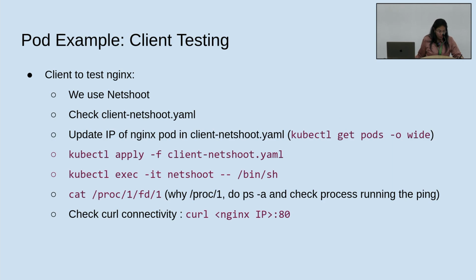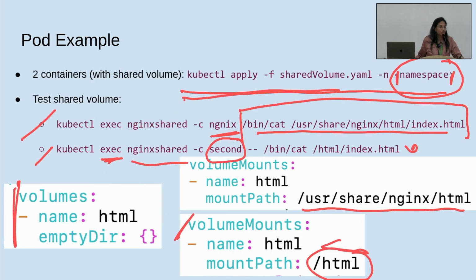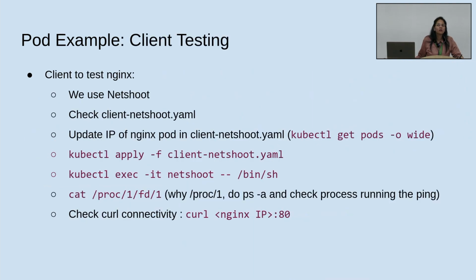The next thing we want to do is test this. Once this volume share works, the next thing we wanted to do is actually connect to this Nginx container, or Nginx pod, that runs these containers and see if I can connect to this as a client, right? So in the same pod example folder, we have a client netshoot.yml.